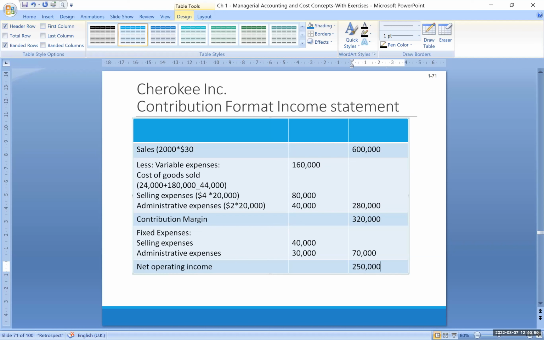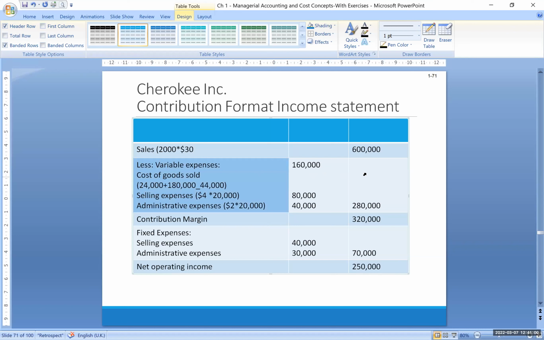Be careful that we are talking about the same number calculated for the net operating income, but the format is different. For the contribution margin format, we need to deduct all variable costs or expenses. The cost of goods sold from the question is all variable. For the selling expenses, we only pick the variable part, $4 per unit multiplied by the units we sell, which equals 80.